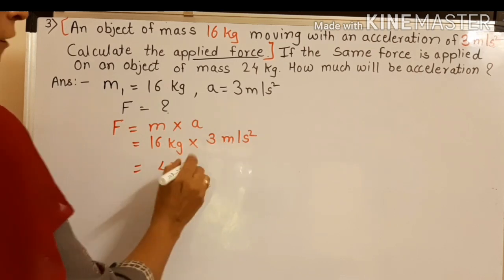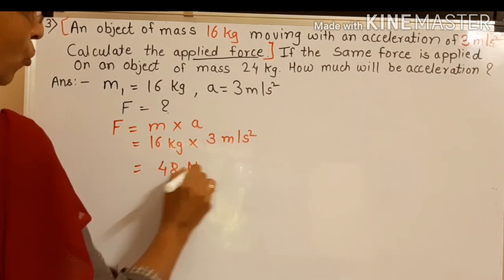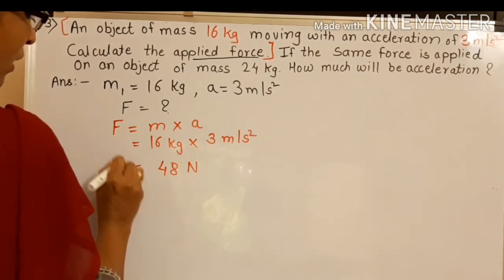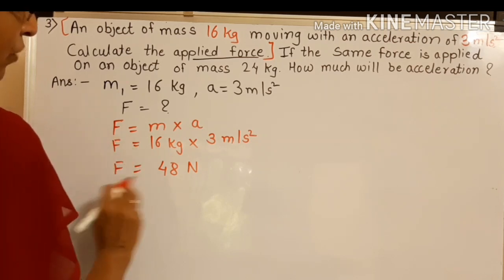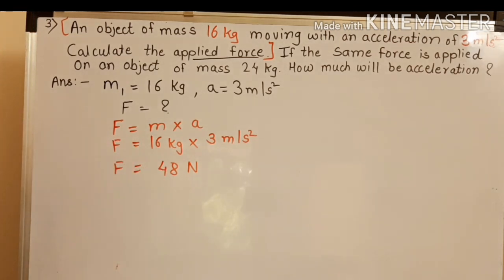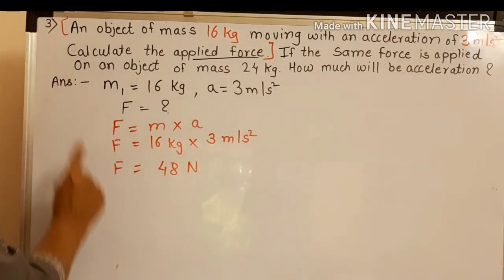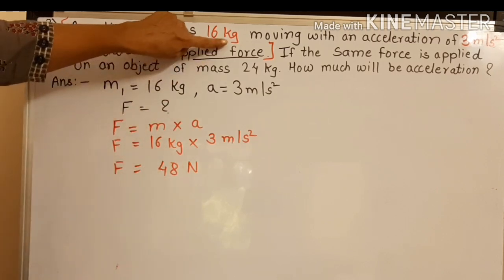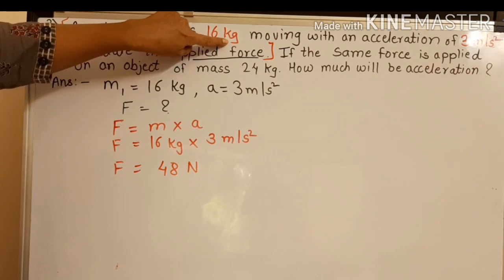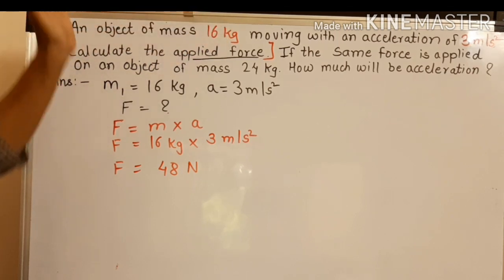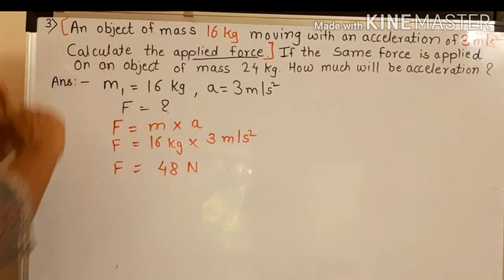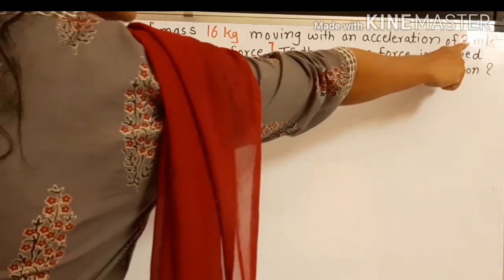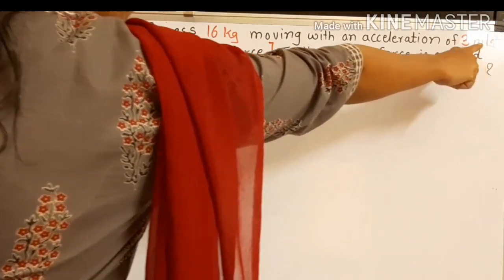In SI units, force is measured in Newton. So force F is equal to 48 Newton. This is our first answer. So 48 Newton force is applied on the 16 kg object, and after applying that force, the object accelerates with 3 meters per second square.